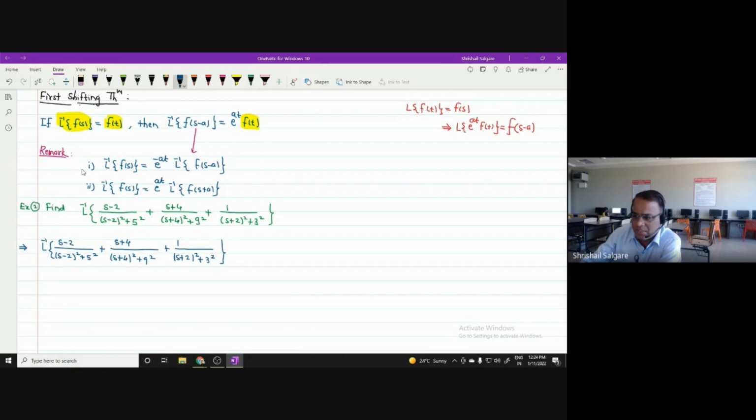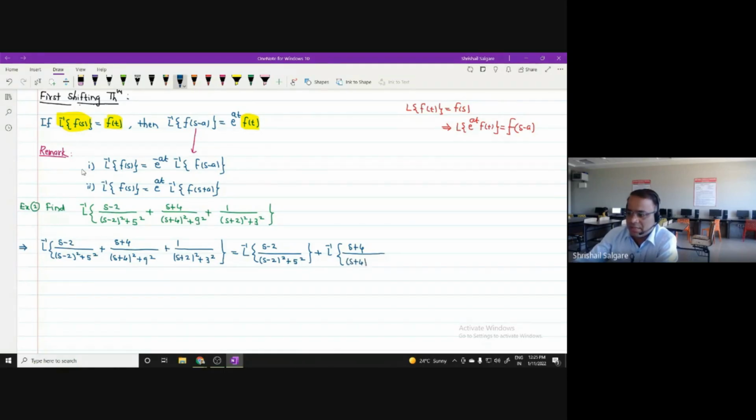First step, I will apply the linearity property, means I will write the inverse Laplace of three terms. That is L inverse of s minus 2 divided by (s minus 2) bracket square plus 5 square, plus L inverse of, I will keep these two terms together because everywhere the term is given in terms of s plus 4 only.